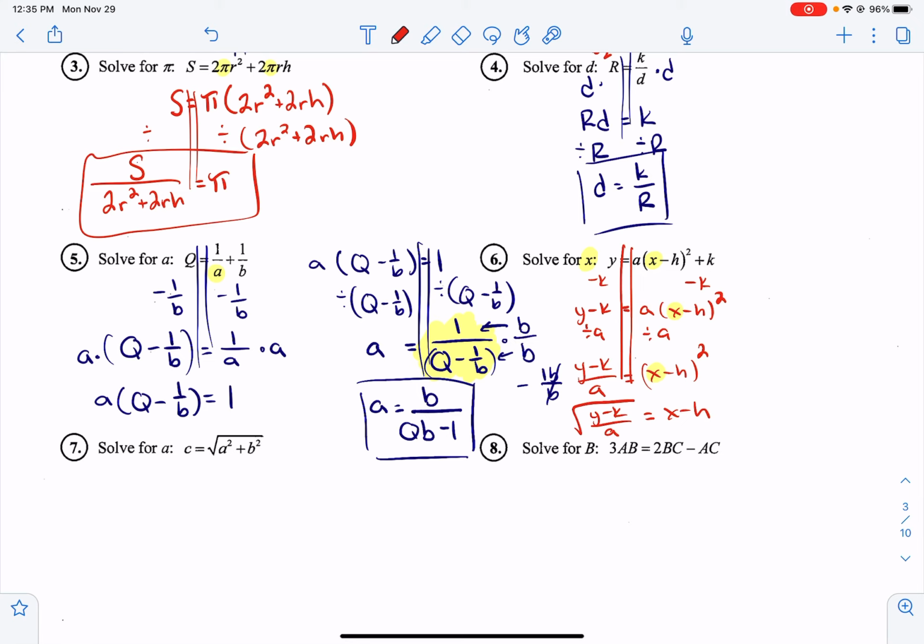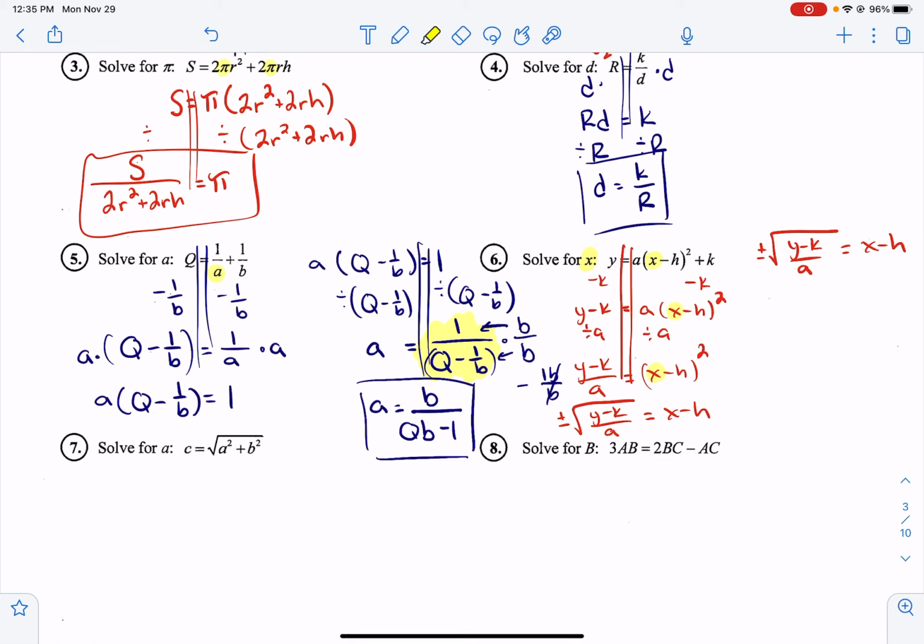And we learned in the last chapter that we can treat this as 2 answers. In story problems, we don't usually use them both, but we know that when we square root something, we get 2 answers, right? So let's rewrite this. Plus minus square root y minus k divided by a equals x minus h.